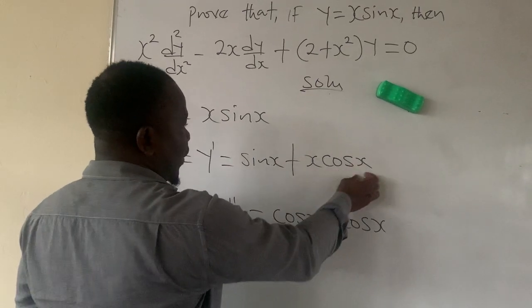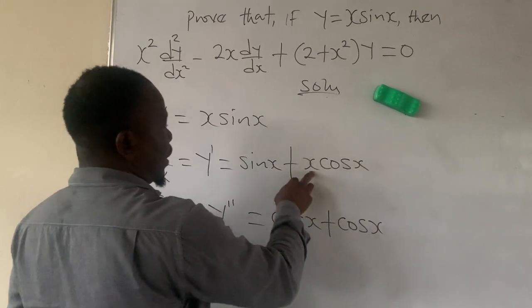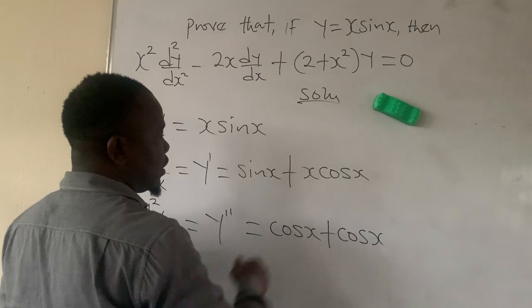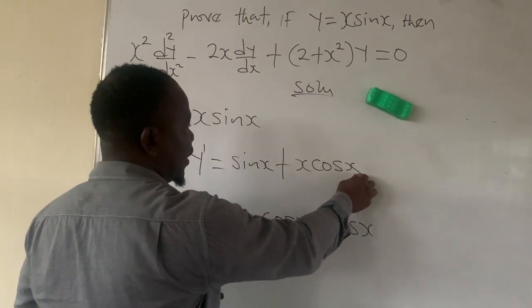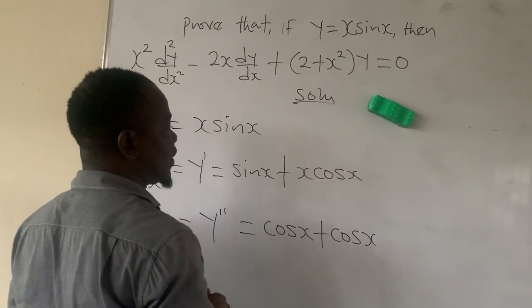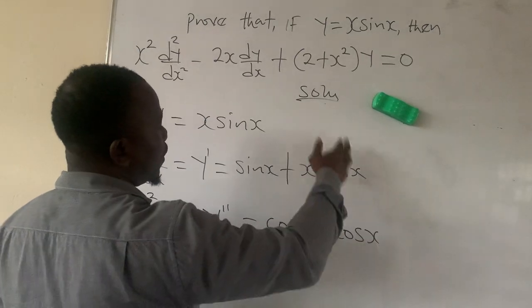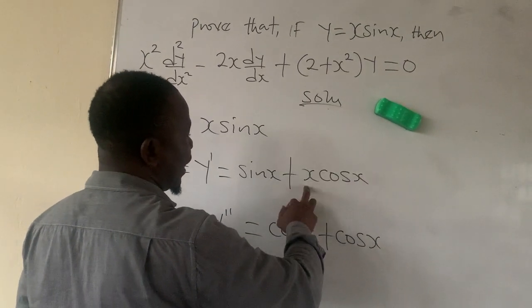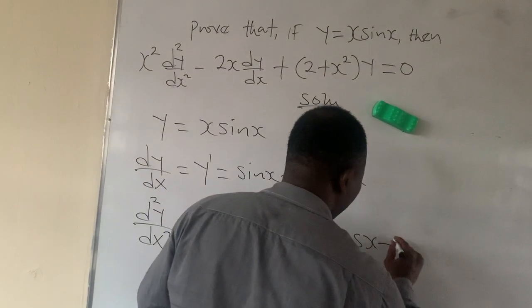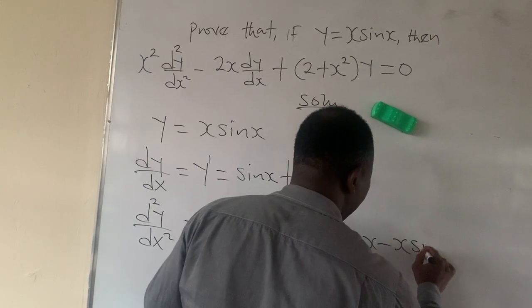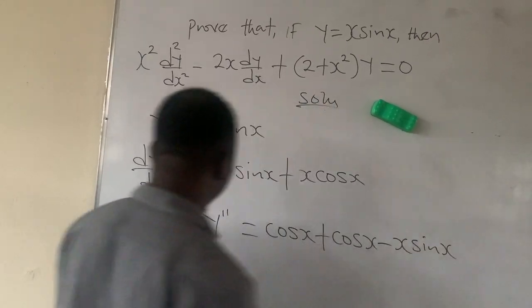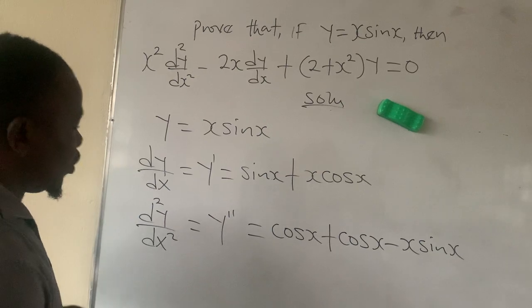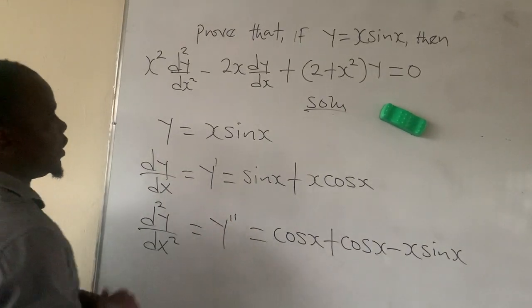Any value we arrive at, we use to multiply the constant, which is x. So if we differentiate cos x, it will give us minus sine x. So minus sine x times x gives us minus x sine x. So we are going to stop here.